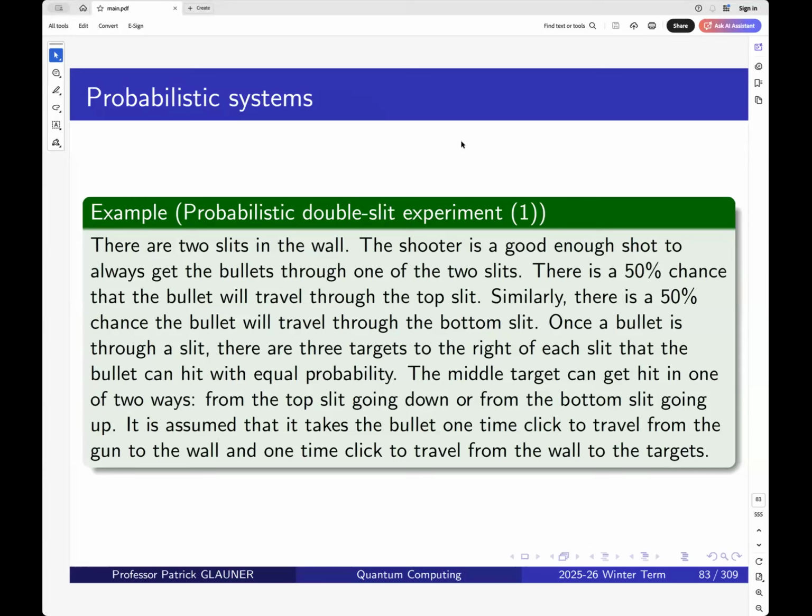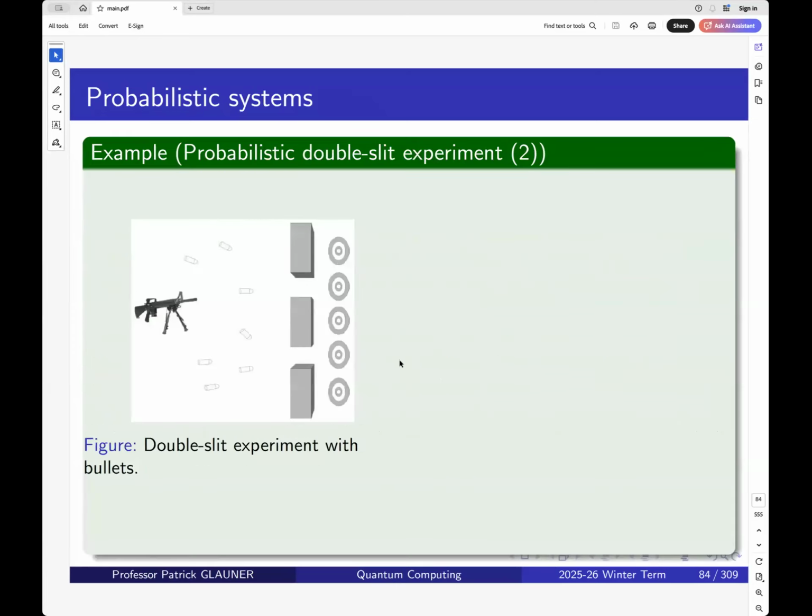And then there are three targets. So once your bullet is through a slit, there are three targets on the right of each slit that the bullet can hit with equal probability. And you can visualize this as this one. So we have a gun and we shoot bullets. They either go through this slit or this slit, and then from each slit, say if the bullet goes through the top slit, at the next stage the bullet would go into one of these three targets, or if the bullet goes through the bottom slit, it would go into one of these three targets.